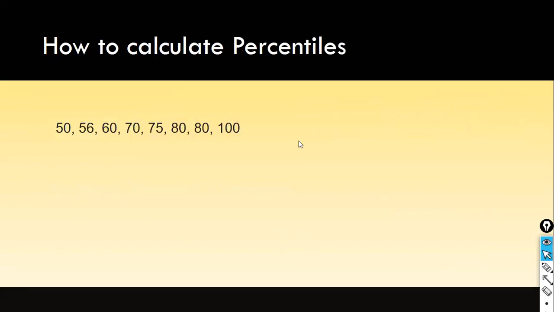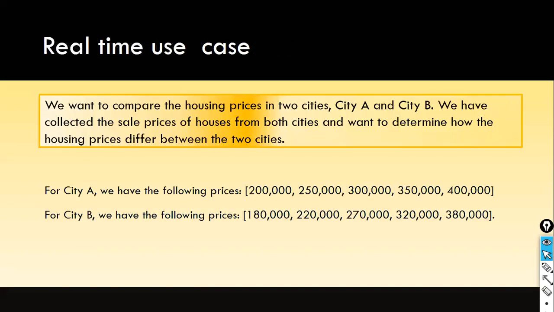In the case of a score, we wanted to understand where the score stands relative to the rest of the data set, where a specific value stands relative to the data set. That is what we found. But this use case demonstrates how you can use percentile to compare two different groups of data sets.